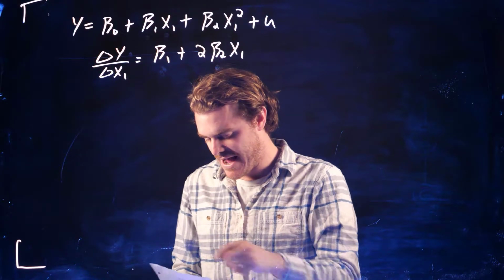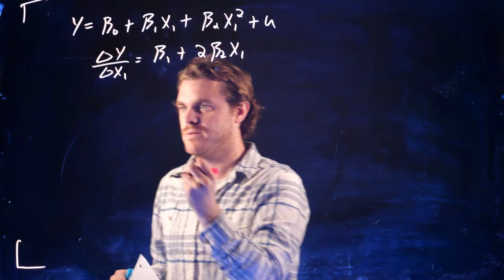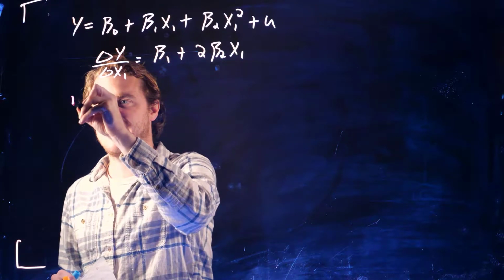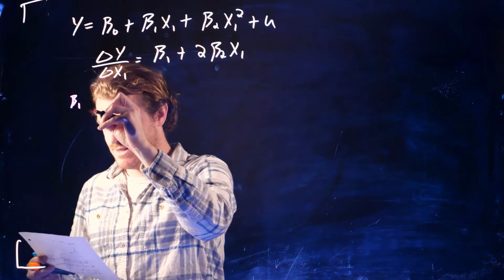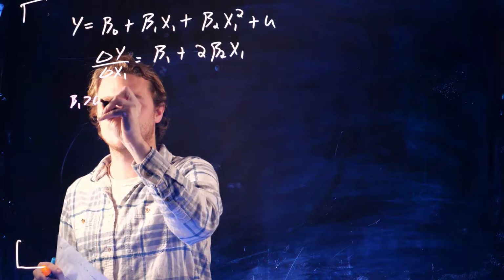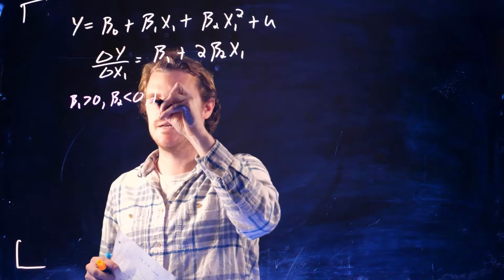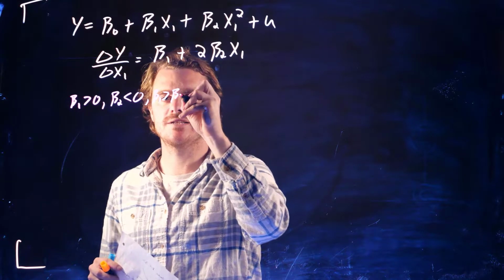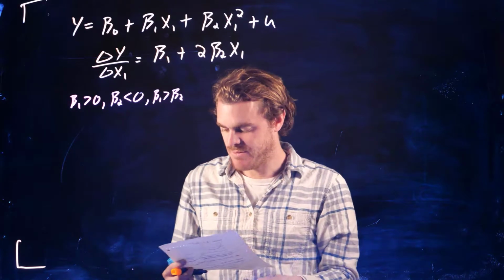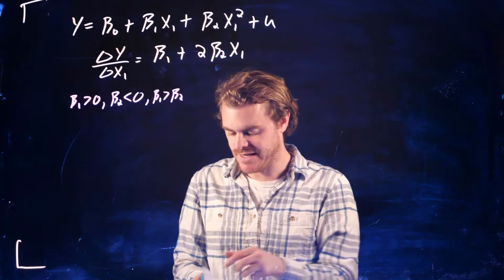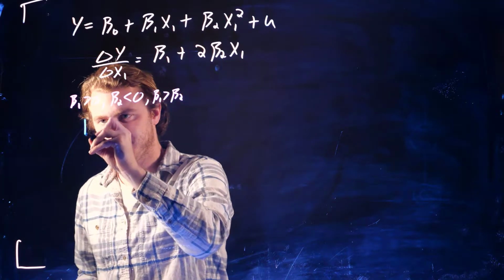So one thing that could happen, let's say beta 1 is greater than 0, beta 2 is less than 0, and beta 1 is greater than beta 2, then we might have a relationship that looks like this.